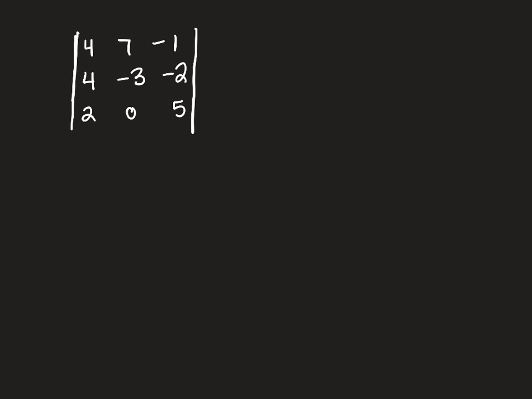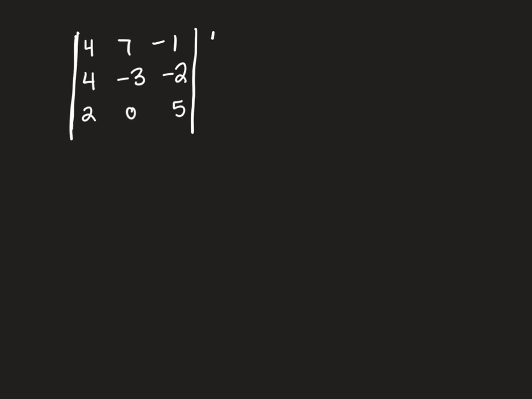So if we did the 3x3 just like we did the last one, if we just went across the main diagonal and the other one, we would be leaving out these 4 numbers. We wouldn't be using them. So for a 3x3, what we're going to have to do is take our first 2 columns and copy them over to the right of it.